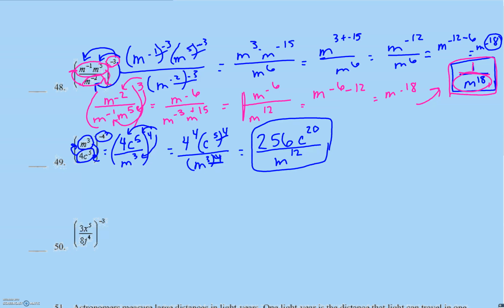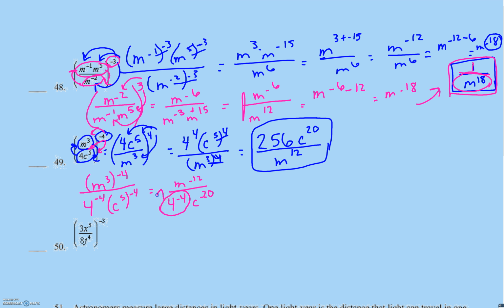Again, if we wanted to instead, we could have distributed that power first. M to the third to the negative 4th power over 4 to the negative 4th power, c to the 5th power to the negative 4th. We had m to the negative 12th over 4 to the negative 4th, c to the negative 20th.